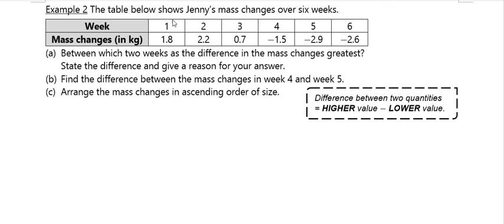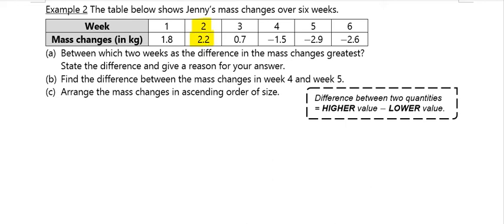When you want to find the greatest difference in the mass changes, of course you have to use the idea of bound. For the greatest difference, you have to find the highest positive and the lowest negative. I will just highlight the highest positive, which is 2.2 in week 2.